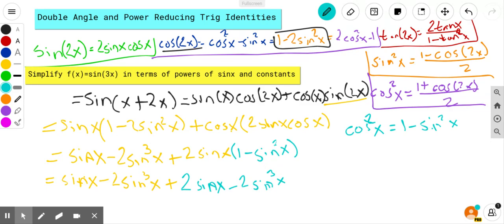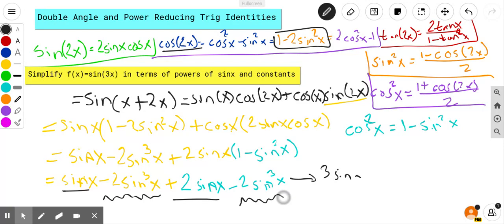So then I just combine my like terms. Sine of x plus 2 sine of x gets me 3 sine of x. Negative 2 sine cubed minus 2 sine cubed gets me a negative 4 sine cubed of x.